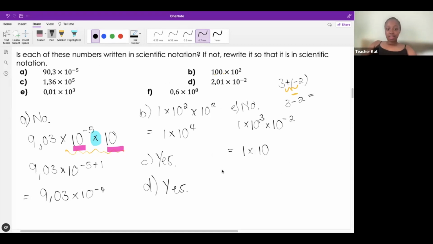Okay. And number F, is it in scientific notation? Look carefully at number F. No, remember this coefficient here has to be greater than 1, so it has to be less than 10, but it has to be greater than 1. Okay? So let's see. Where do we want my comma?